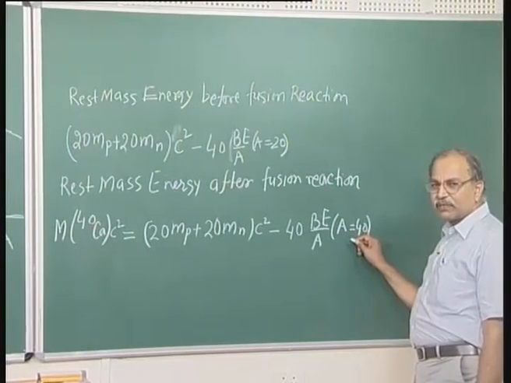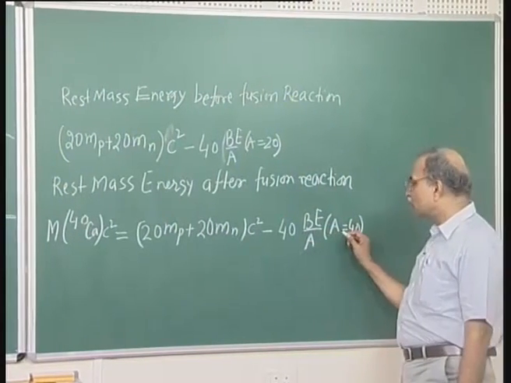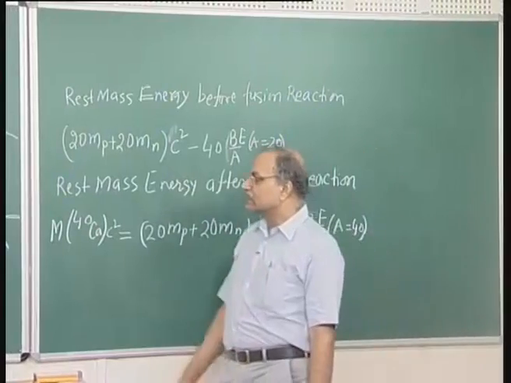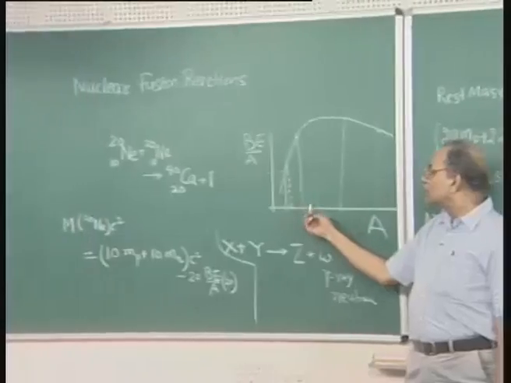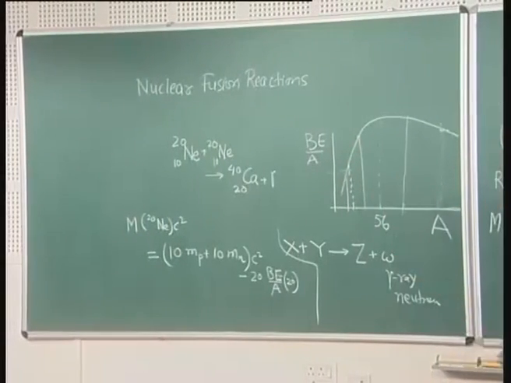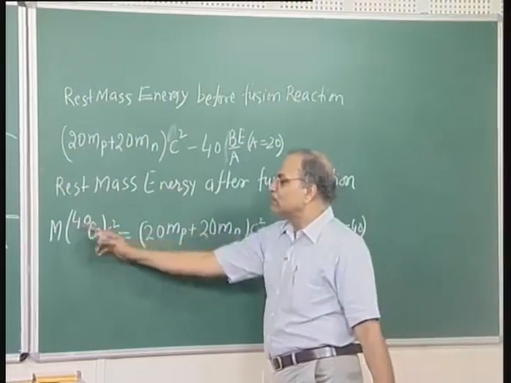So, the binding energy per nucleon is given by this binding energy per nucleon at A equal to 40 in this binding energy curve, wherever that 40 occurs. So, binding energy per nucleon at A equal to 40 multiplied by 40, because there are 40 nucleons in this.